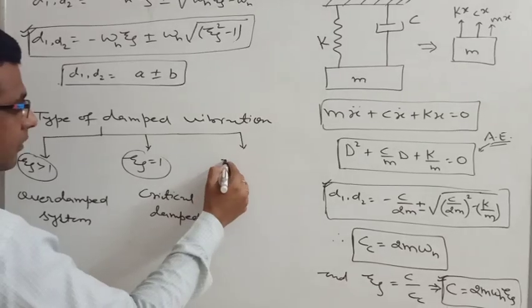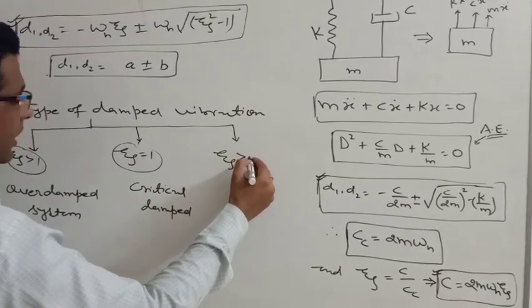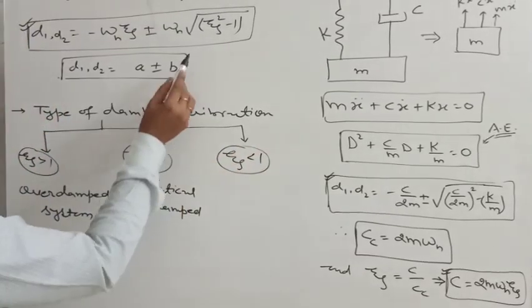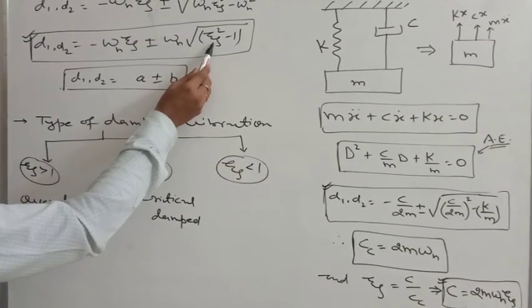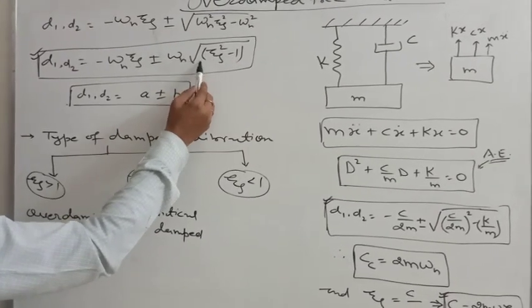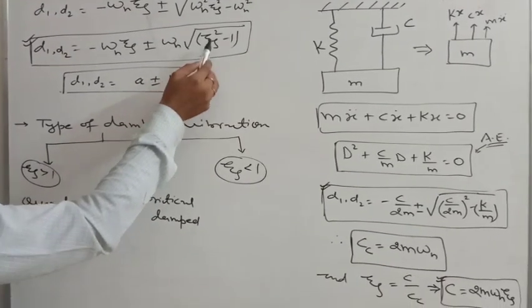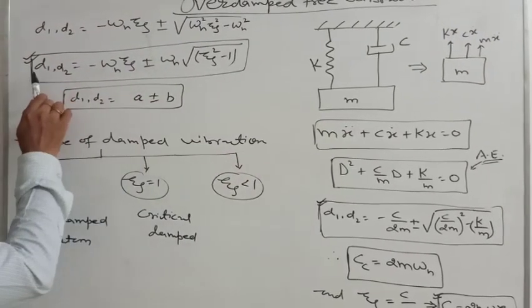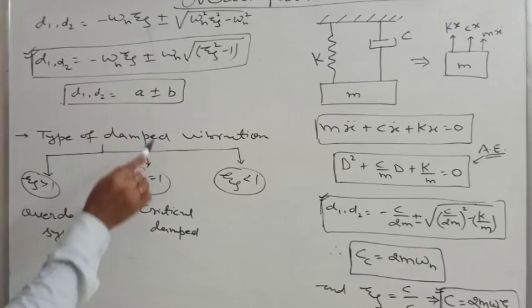Now the third case, if the value of zeta is less than 1, then this term is negative, and if we are removing this negative term as under root of minus 1 into iota, then the solution is in terms of imaginary roots.